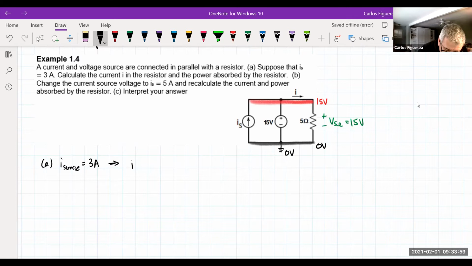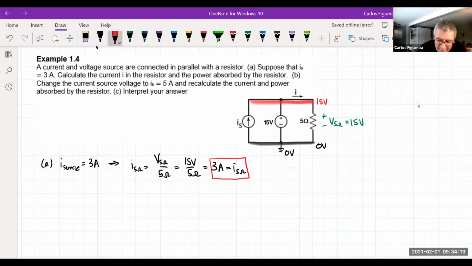So the current of the 5 ohm resistor should be the voltage across the 5 ohm divided by the 5 ohm. So in this case, it's 15 divided by 5, which gives me 3 amps. So the current of the 5 ohm resistor is 3 amps.